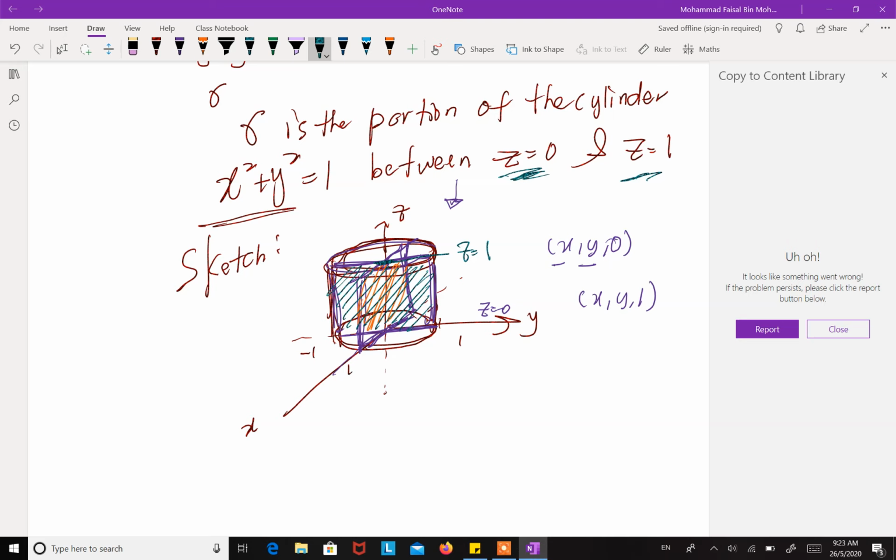So you have to put your eyes either here or here. You can't find any surface if you put your eyes here, which is the xy plane.